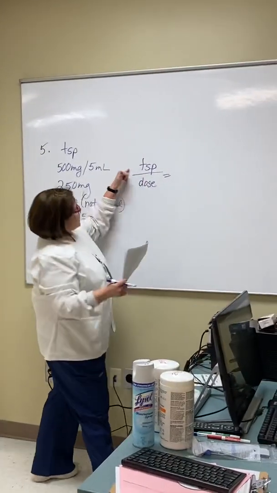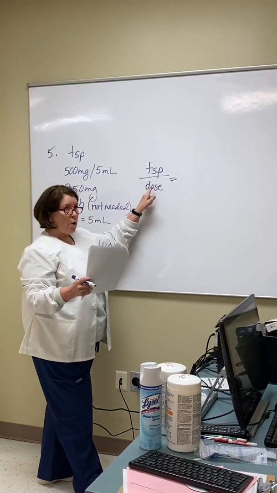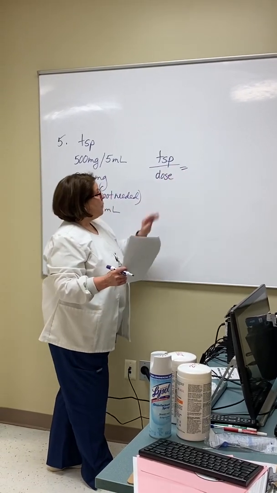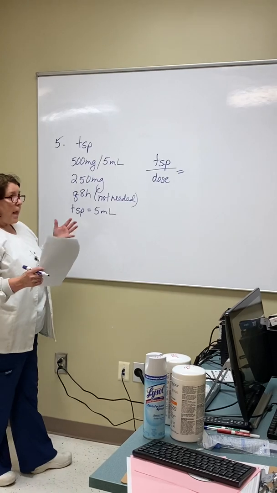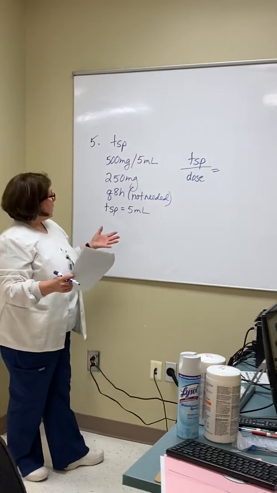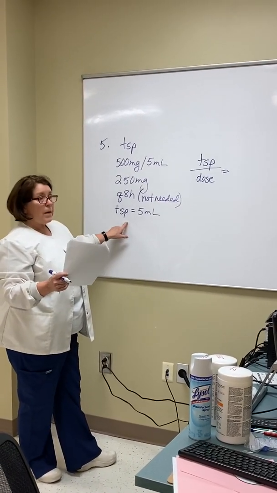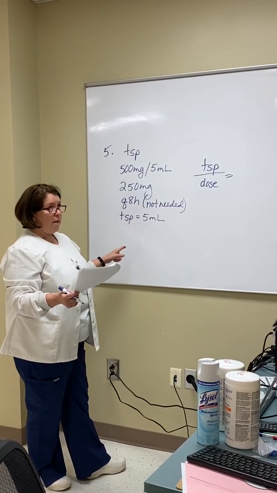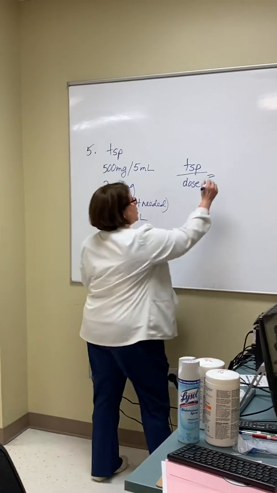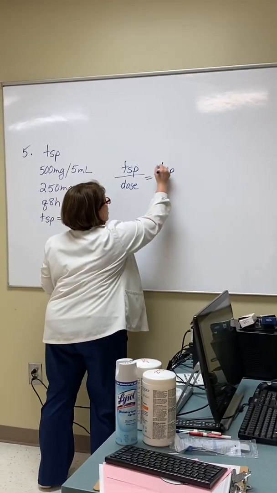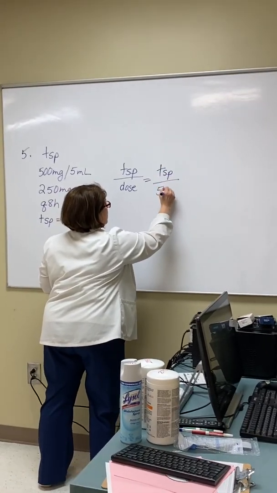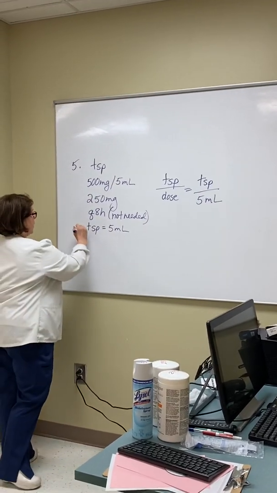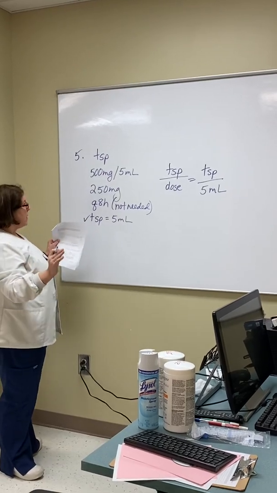Because I have a double label here, you always start the problem off with the top label. So we start off with teaspoons. That's not part of the original information you were given, but I do have it in the form of a conversion. So I'm starting off by using my conversion, which is 1 teaspoon equals 5 mLs. Since I have a lot of data here, sometimes I'll put a check after I use it, just to keep myself straight.